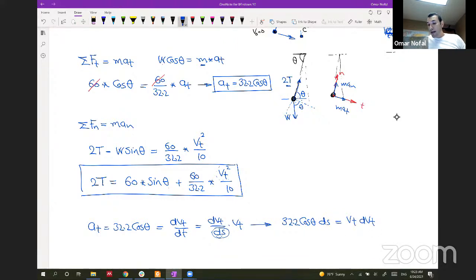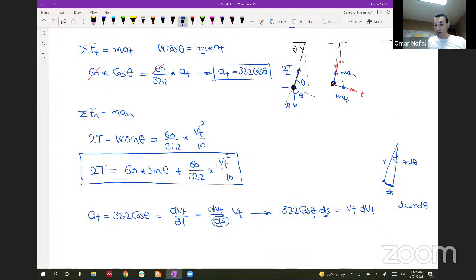Right now we don't have s, but we have theta. So we will not be able to integrate theta with respect to ds. So we have to transform one of them, either theta to ds or ds to theta. The easiest way is to transform the ds to d theta. If the swing is moving from here to here, making distance ds, it is equal to r multiplied by d theta. So ds equals r d theta.